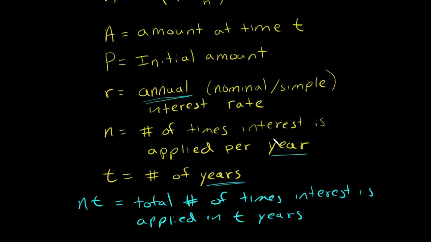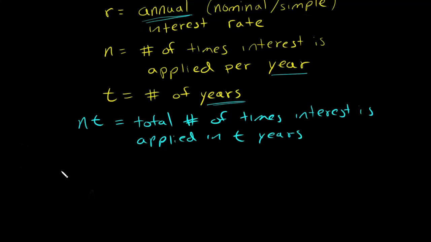Suppose you compound your interest 12 times a year, so maybe monthly, and T is 2 years. You're waiting for 2 years. Then the total number of times you've compounded is 24, right? So the number of times you apply your interest times the number of years gives you the total number of times the interest is applied after a certain number of years.